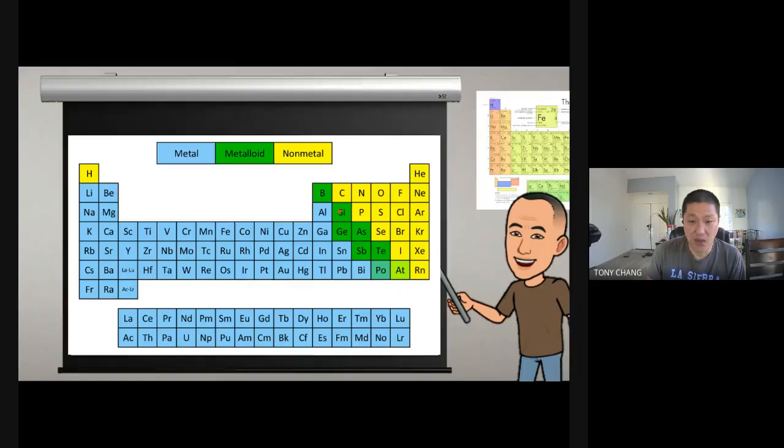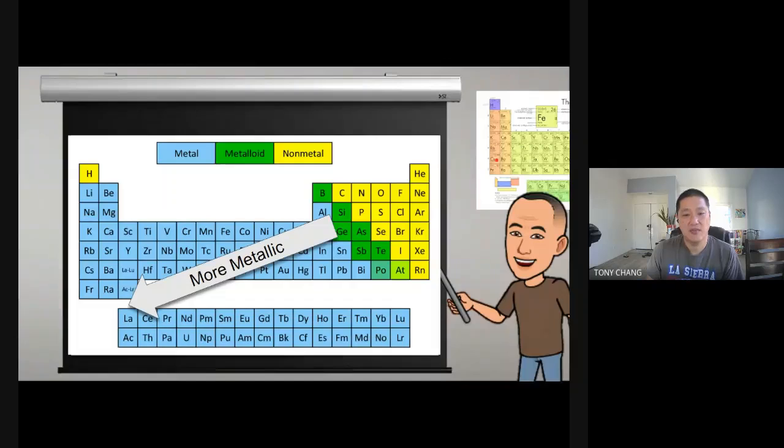Now take a look at this way too. If you're moving down, are you becoming more metallic or non-metallic? Okay, more metallic. As you move up, you're becoming more non-metallic. Okay, so here's the trend. As you move left and down, you're becoming more metallic. As you move right and up, you're becoming more non-metallic or less metallic. Make sense? Okay.